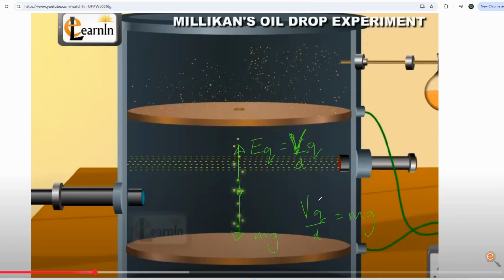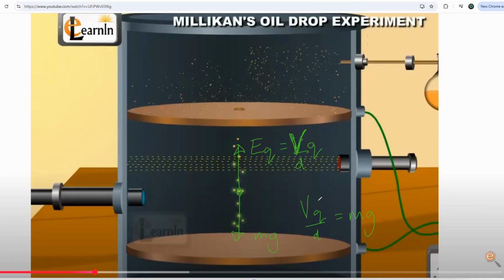What Millikan discovered, doing this repeatedly over and over again, was that the charges always seemed to be multiples of what we now call a unit charge.